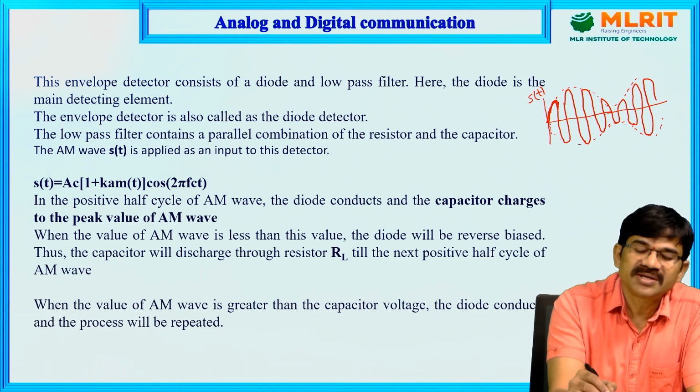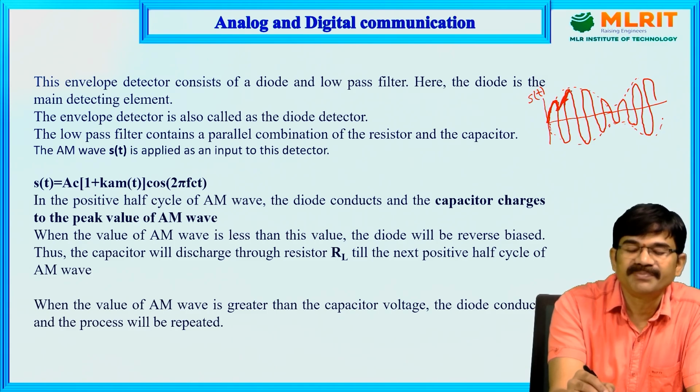The peak value of the input signal is greater than the discharged capacitor voltage, so the capacitor immediately starts charging again up to the peak value of the input signal. When the peak value reduces, the capacitor discharges again, and when the next positive half cycle comes it charges immediately.